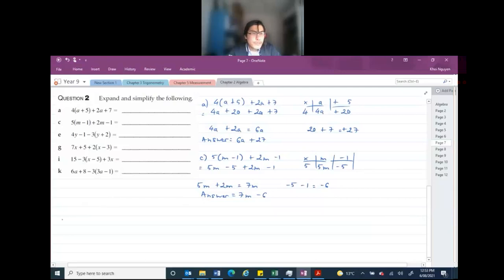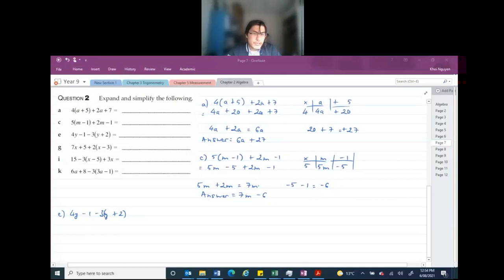Right, next we've got E. So for E, we've got 4y minus 1 minus 3y, oh, brackets, minus 3 brackets, y plus 2 close brackets. Now, you can see here that the brackets are at the back of the expression, and in the ones that we've done before, the brackets are at the front.